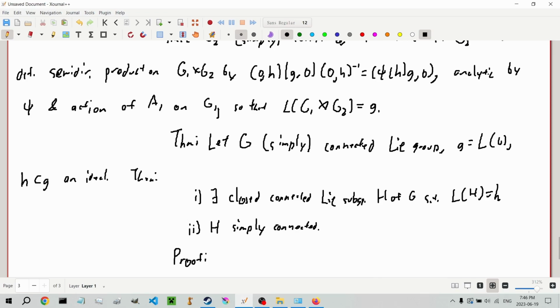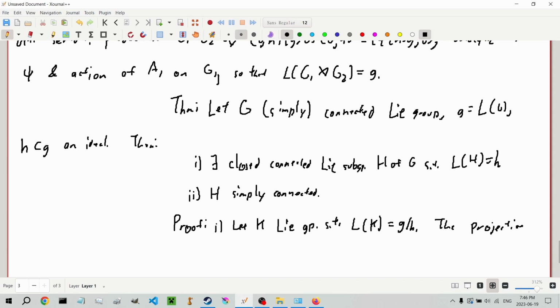So let's look at our proof for part 1. We're going to let K be a Lie group such that its associated algebra is G over H. Then the projection of G onto G over H induces an analytic homomorphism phi from G to K, since G is connected and simply connected.